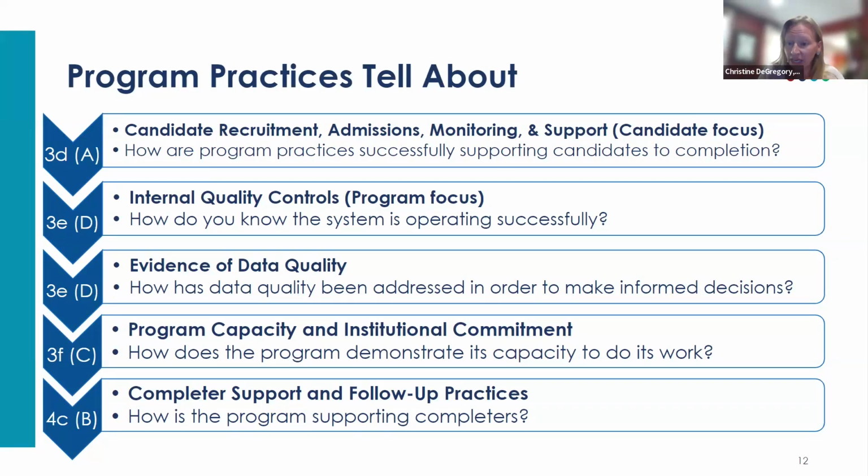Are your policies being implemented in the way that you expected them to be? Then you move into the evidence of data quality. So how have you attended to data quality? Because you need to have credible data to inform your decisions about your program. You dig into your program capacity and institutional commitment, meaning, do you have the capacity and resources to do your work over this interim of the accreditation cycle?